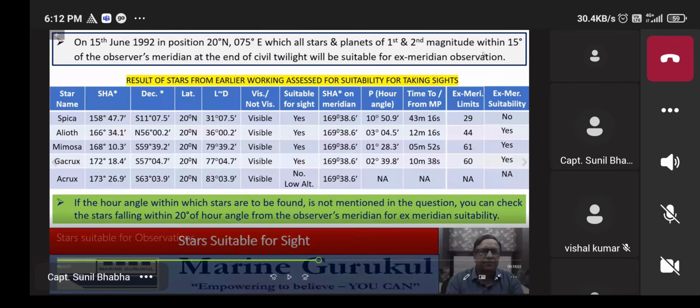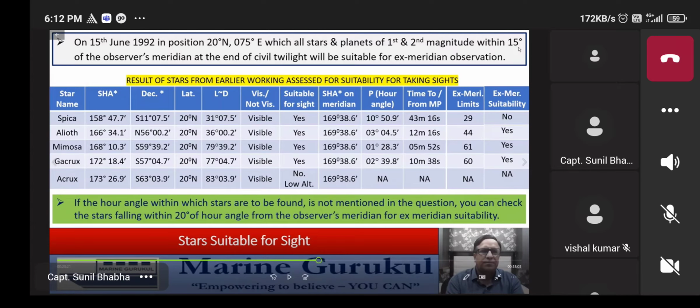If you get a question where the R angle is not mentioned, they have just told you to get the star suitable for X meridian and the R angle is not given in the question, like this 15 degrees was given here, in that case you will be in doubt how far away from the meridian you should be checking the stars.